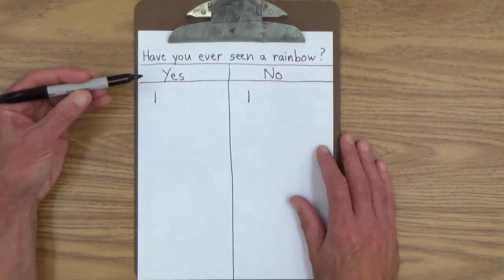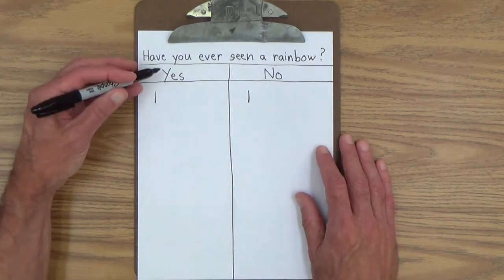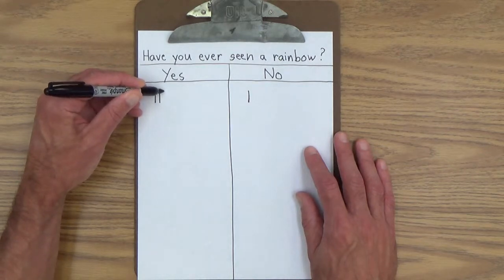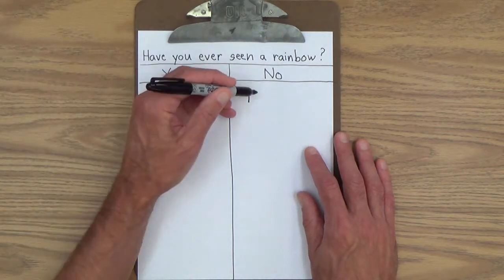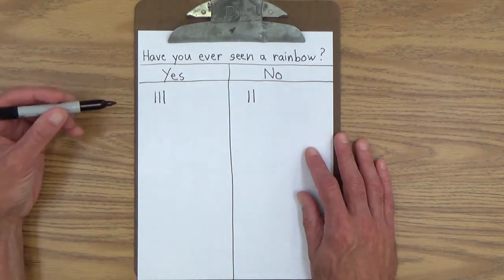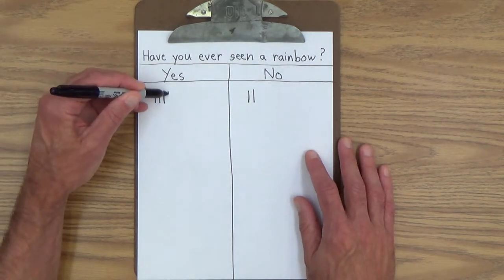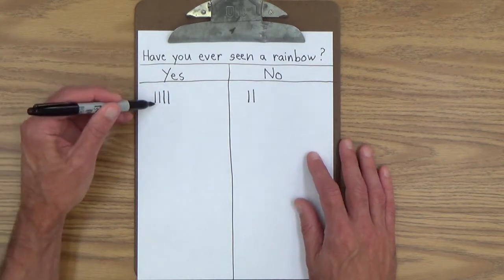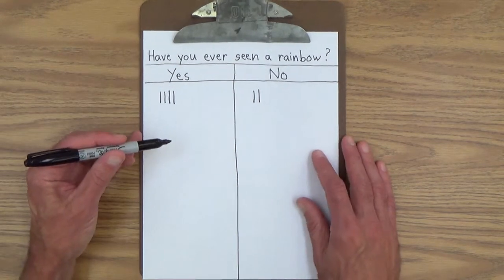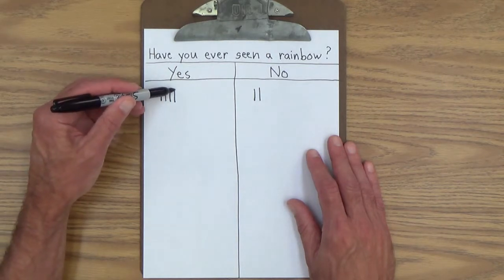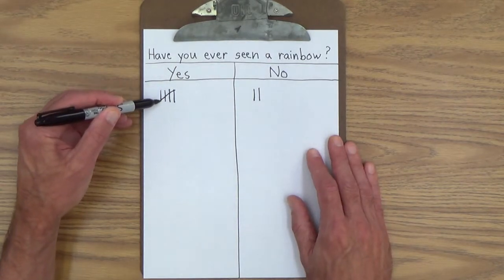And maybe the next two people say yes, yes, and the next person says no. And then maybe the next three people say yes. So 4, and as you know, we talked about tally marks. We did that in the math section. We have to bundle these.